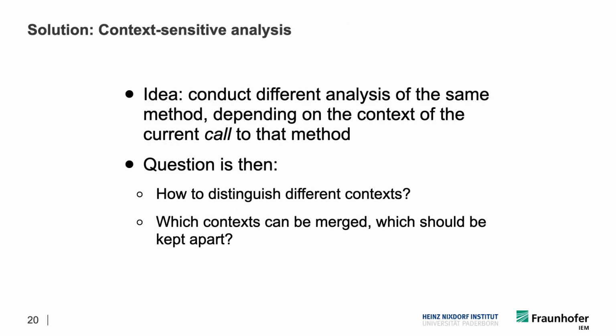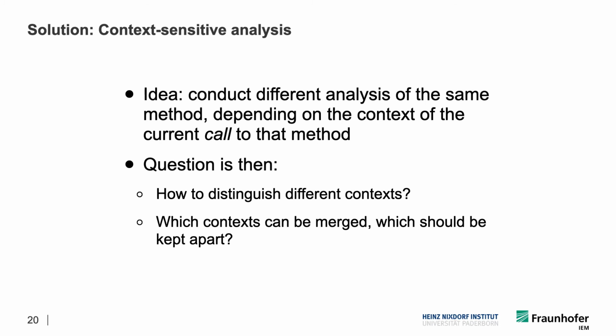Getting back to this problem of context-sensitive analysis. What I showed you so far was that we have this problem of unrealizable paths, right? So we need to distinguish different calling contexts. In particular, we want to make sure that we only return information to the right caller, to the right calling context that could have actually made the call.